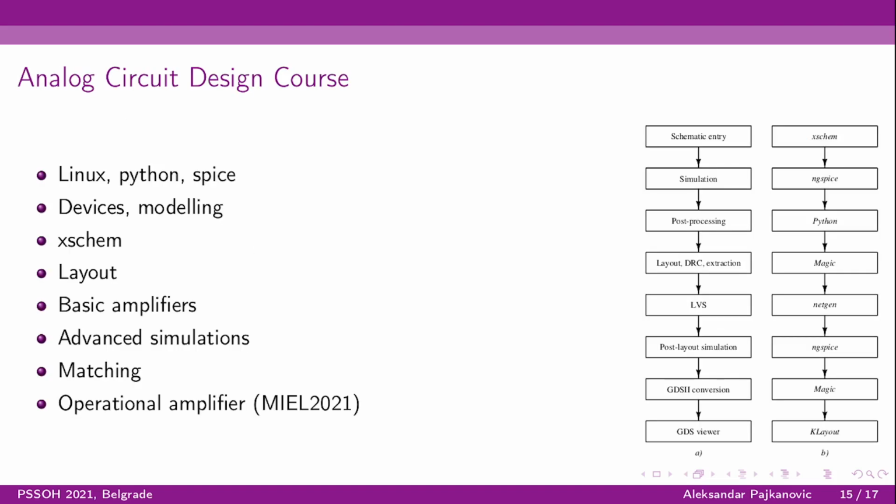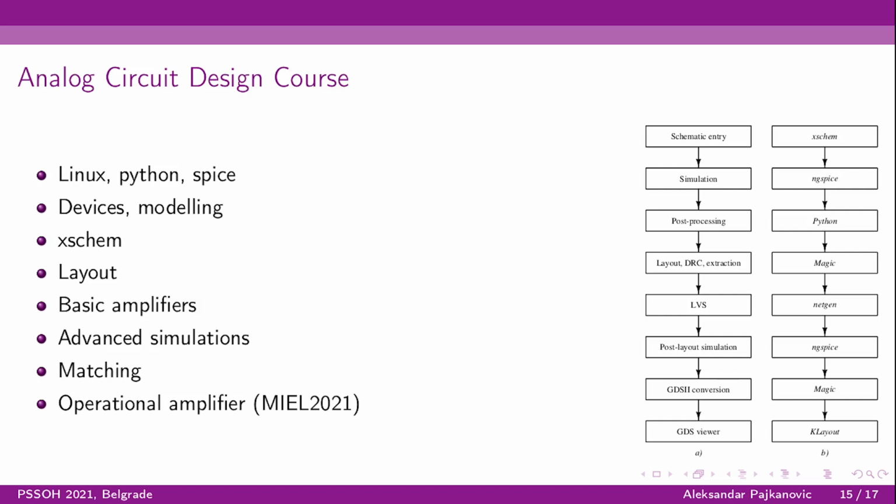We have 2 courses, and we have created an analog circuit design course, where since this is the first time that students are working with these tools, we first have to take them on a journey through Linux, Python, and Spice, and then we take care of devices and modeling. Then we take them through these new tools, the schematic entry, the layout tool, Magic, and so on.